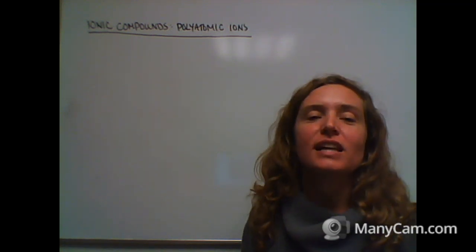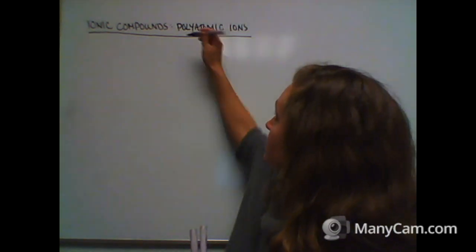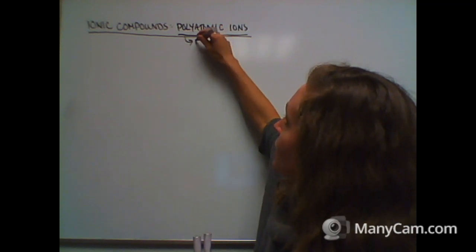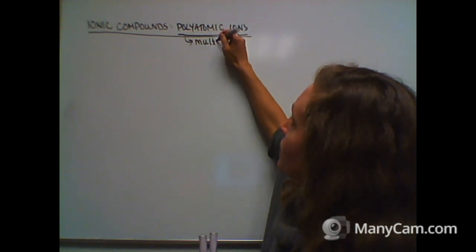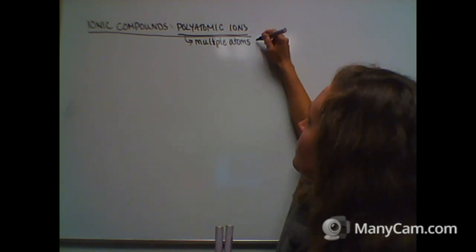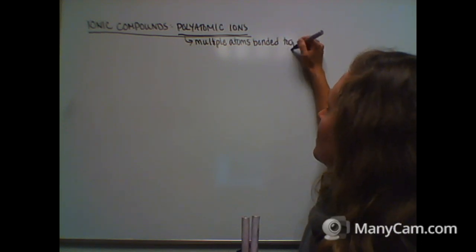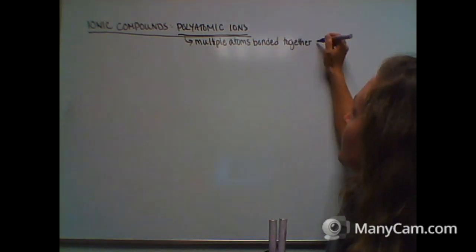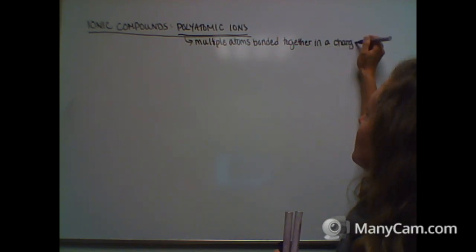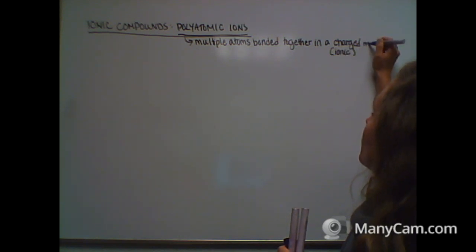Let's take a look at our next section, which is polyatomic ions. So a polyatomic ion is multiple atoms bonded together in a charged, meaning ionic, molecule.